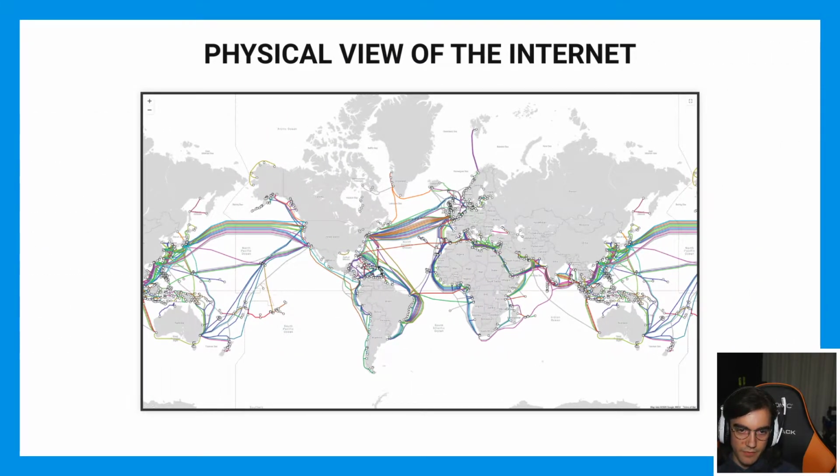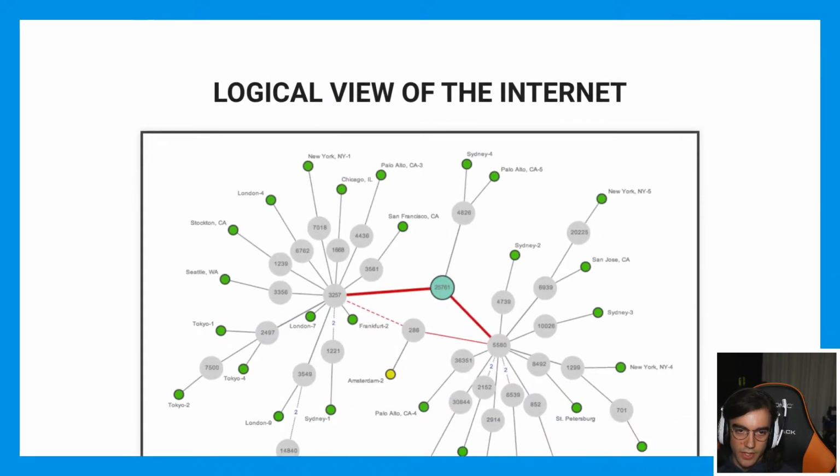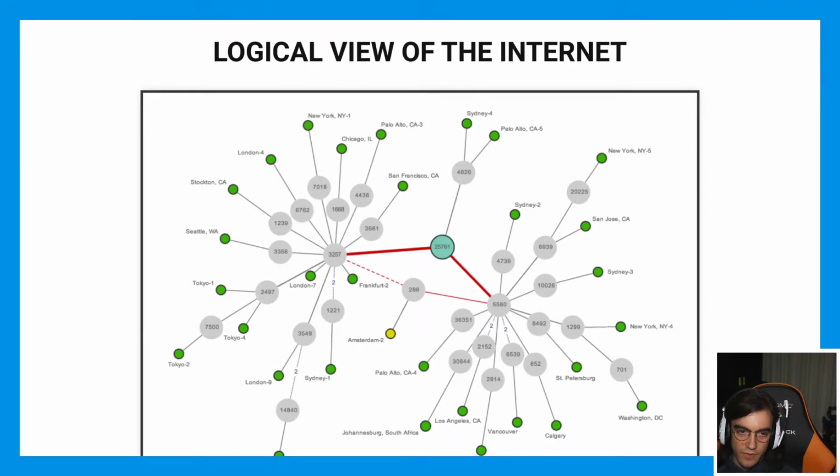If we look at it from a physical point of view, we can think of all these submarine cables, which represent different paths on the internet that we can take just between continents. But then it gets a lot more complex when we look at the logical view of things, what happens in those cables.